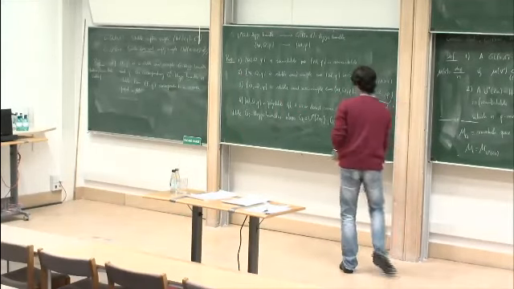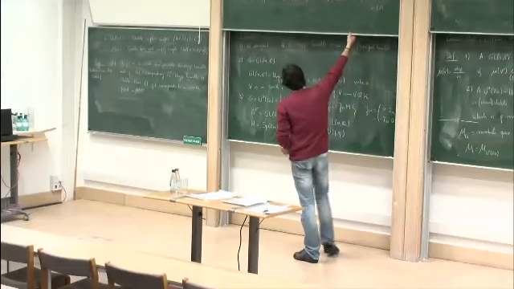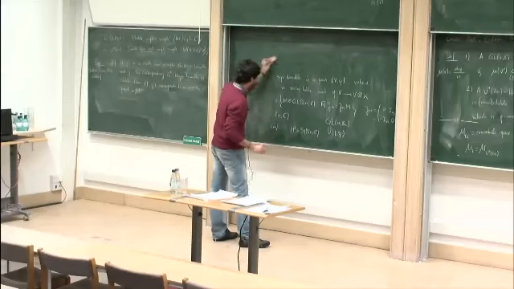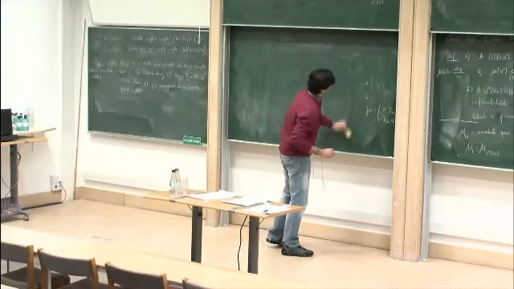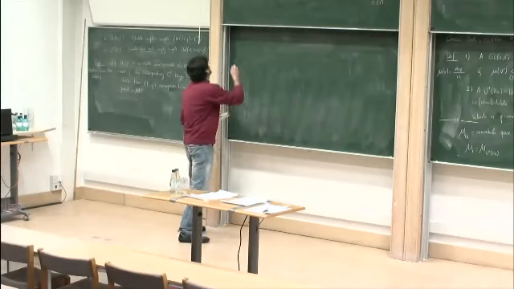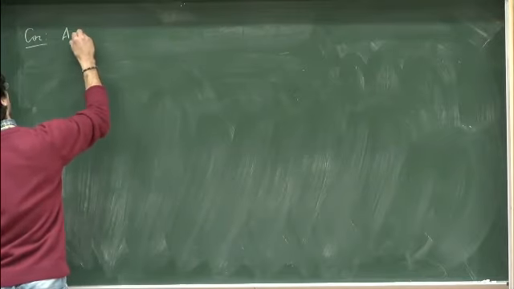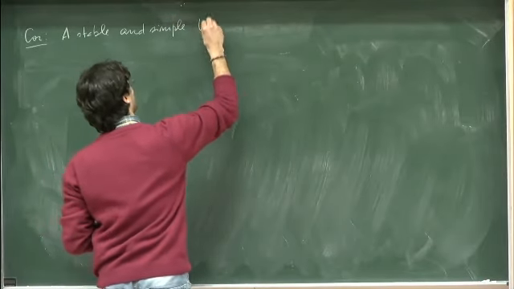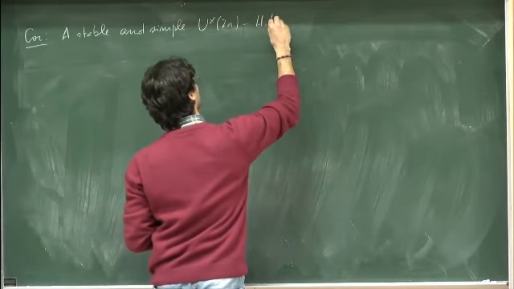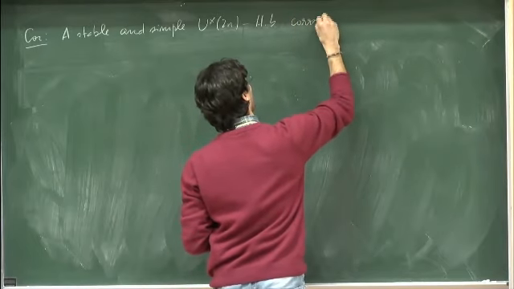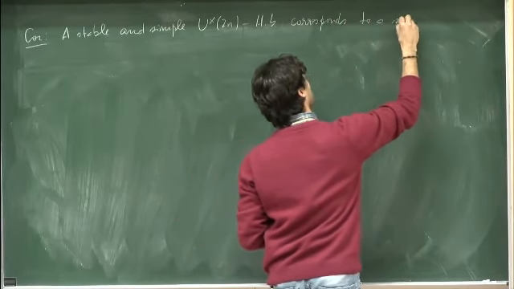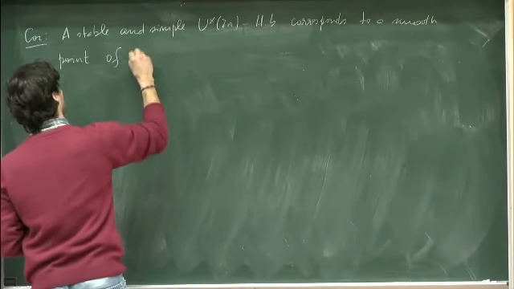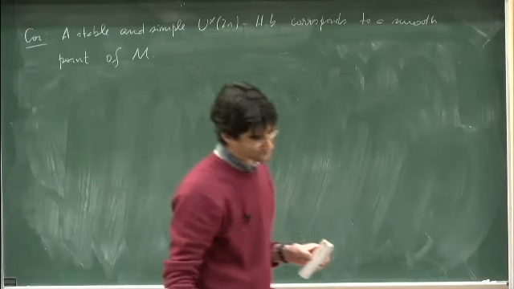So a stable and simple U star to n Higgs bundle corresponds to a smooth point of the moduli space. Okay.